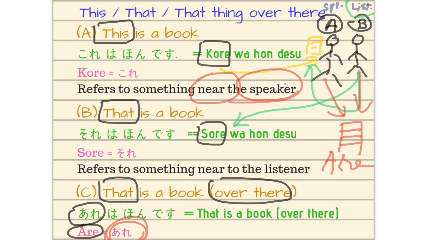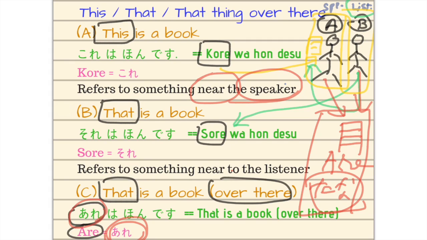This shelf in Japanese means tana. So both A and B will refer to it as are wa tana desu. Means that is the shelf over there. Are is used when the object is far away from both the speaker and the listener.